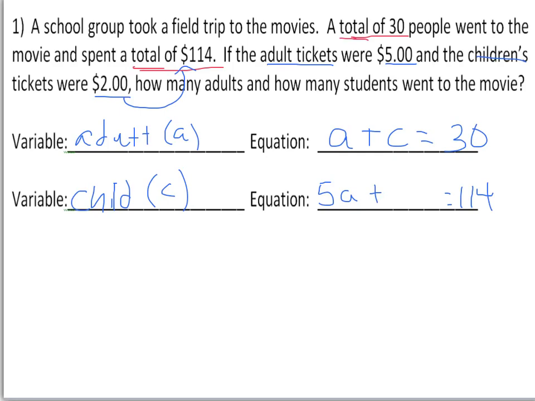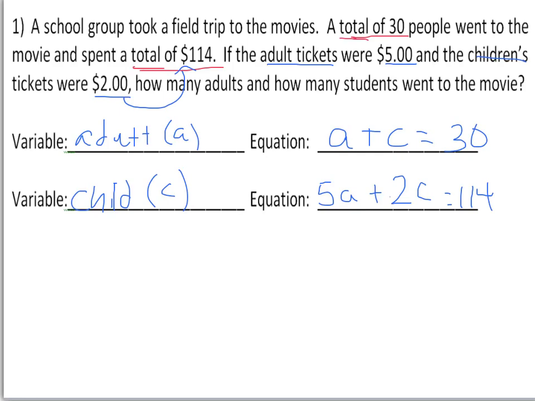And then I know however many child tickets were sold, each one cost $2. So 5A plus 2C equals 114.